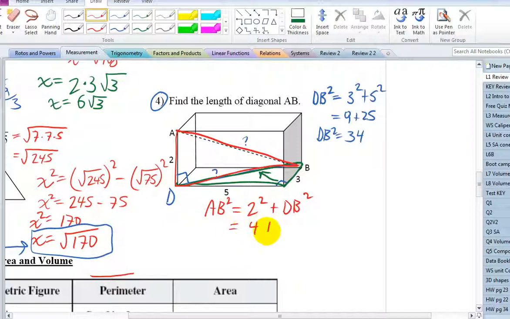So that equals 4 plus what? What's the value of DB squared? 34. Good job, Gioni. Okay. So AB squared equals 38. AB then equals square root 38. And I want you to try and simplify that. Okay.